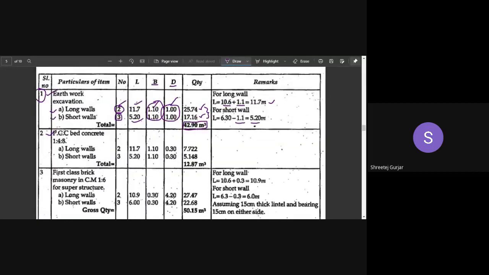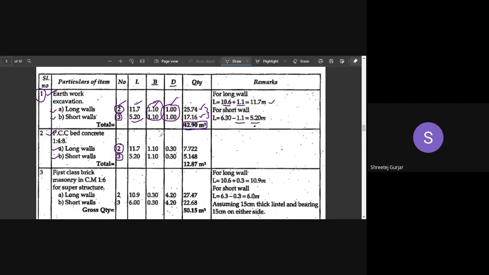Under PCC bed, write down A as long walls and B as short walls, because we are using the long wall short wall method here. Coming to number, it will be the same: 2 long walls and 3 short walls.